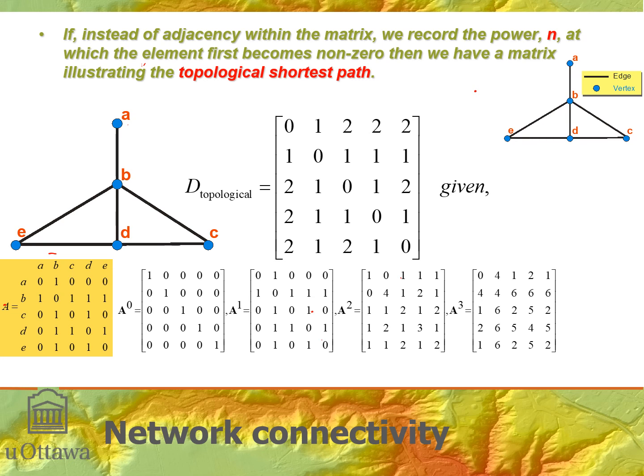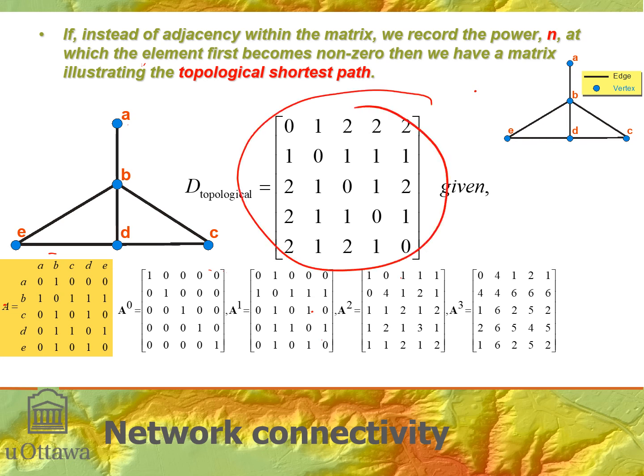And at that point, there are no other values left in the original matrix that are still 0. So by the power of 2, for this particular graph, all of the adjacency matrix values have become non-zero.